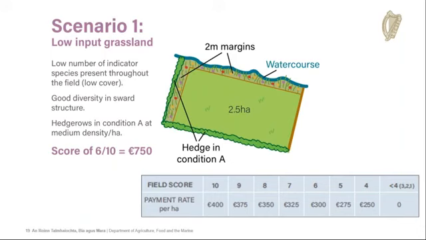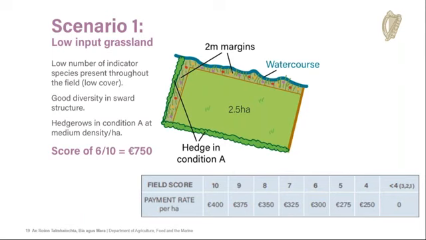So the farmer's not going to score very heavily on the first couple of questions, but it's the good diversity in sward structure, and then the 2 meter margins on 2 sides of the field, and the hedgerows in good condition at a medium density. That leads to a score of 6 out of 10.